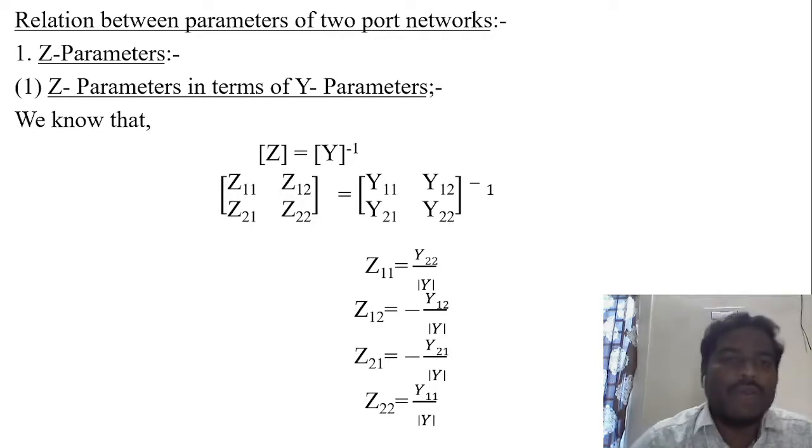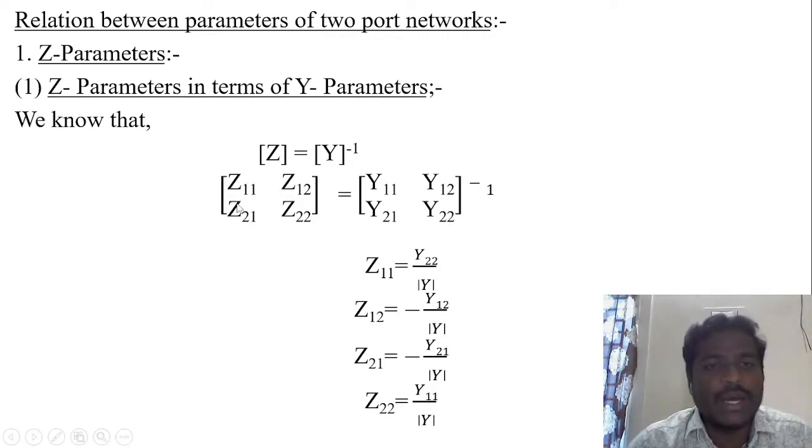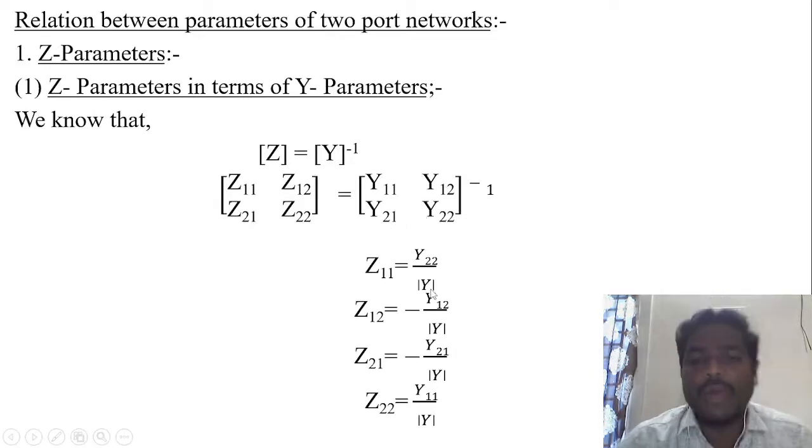If we get the value of Z11 using the Cramer rule in the matrix, then Z11 is equal to Y22 by the modulus of the Y parameters, that is, the determinant of Y, which is Y11 into Y22 minus Y12 into Y21. That is the modulus of the Y matrix.